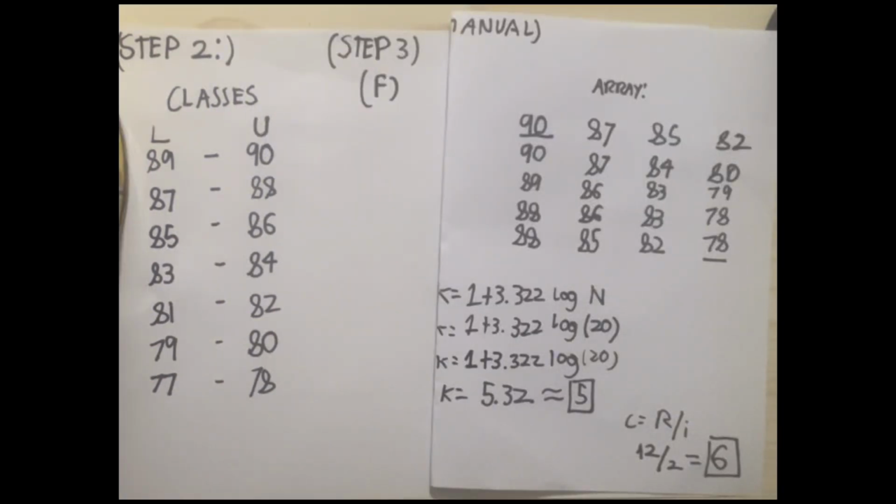Step 3. We will now get the frequency of each classes, then get the sum. The summation of the frequency should equate to the total number of respondents, or n, after which we will divide it into 2 to get the value of n over 2.